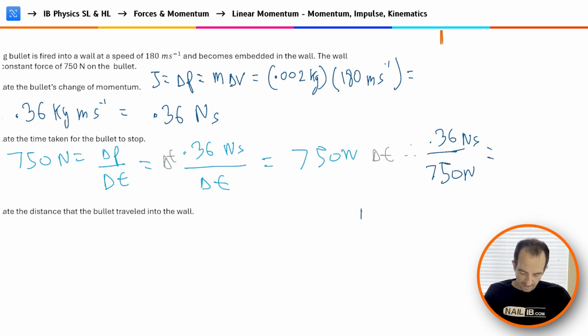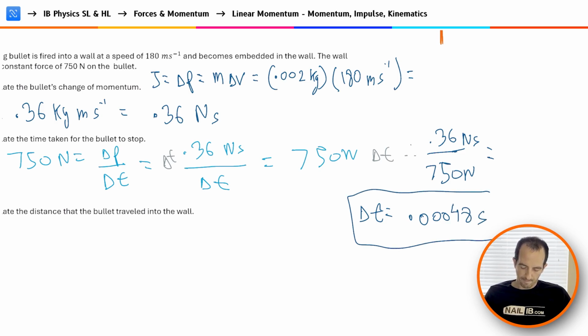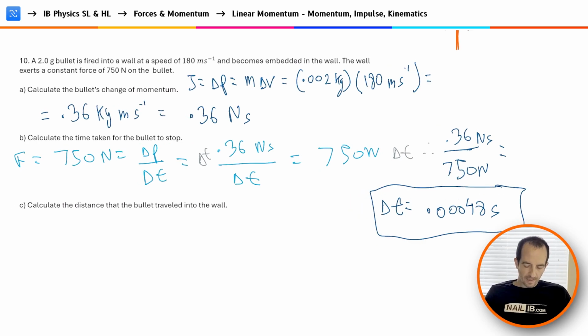So the change in time must be equal to 0.00048 seconds. The newtons also canceled out. Okay, so we got the change of time as 0.00048 seconds.